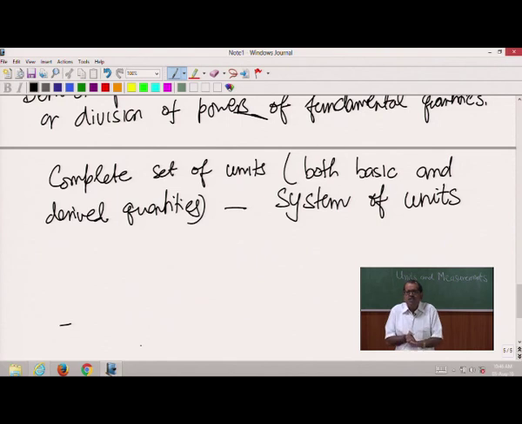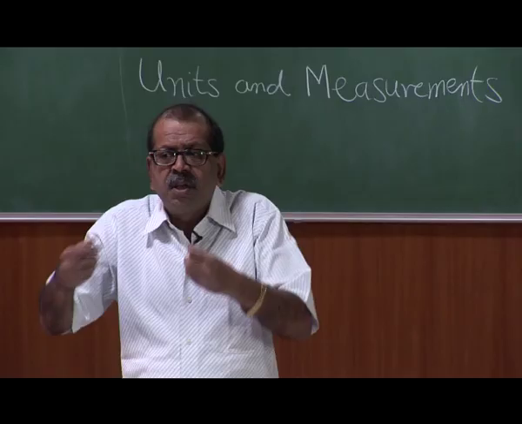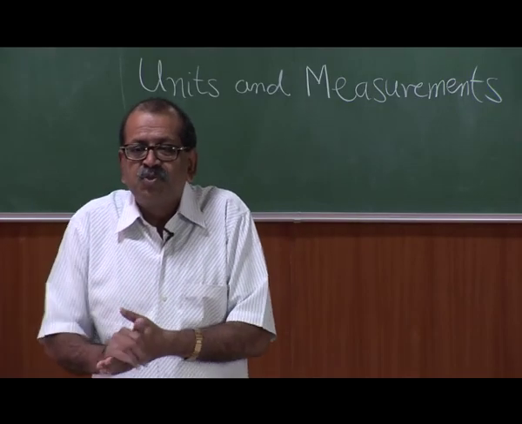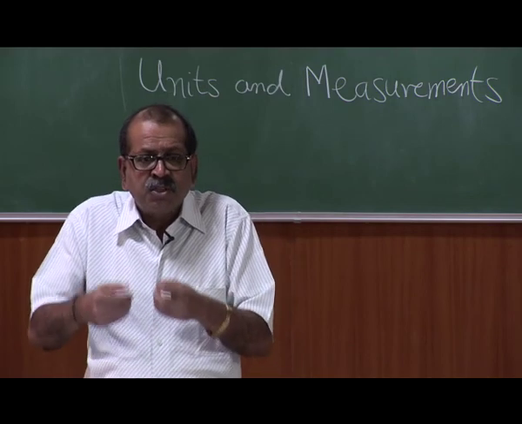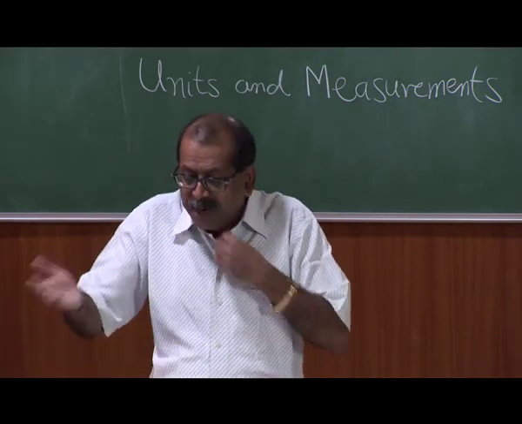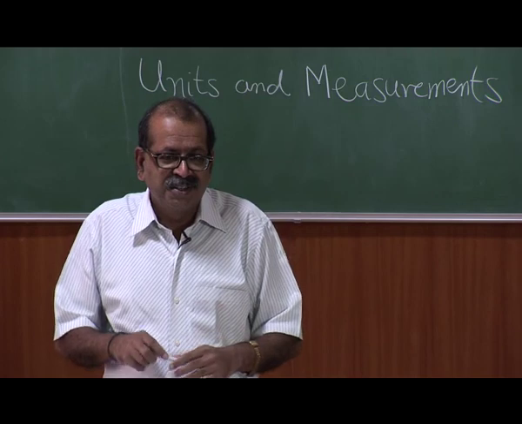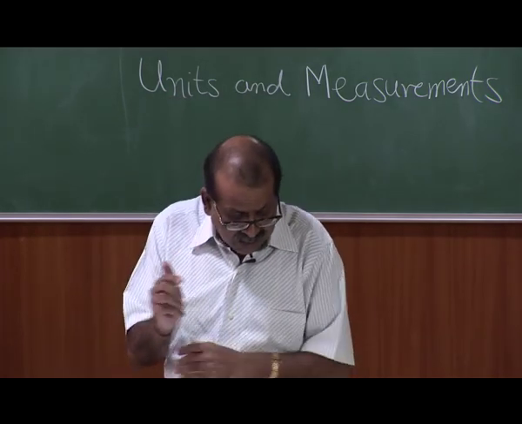So, a system of units will start with some basic or fundamental quantities, and then there will be other quantities which will be essentially products or division of different powers of these quantities. So, that is how this works.